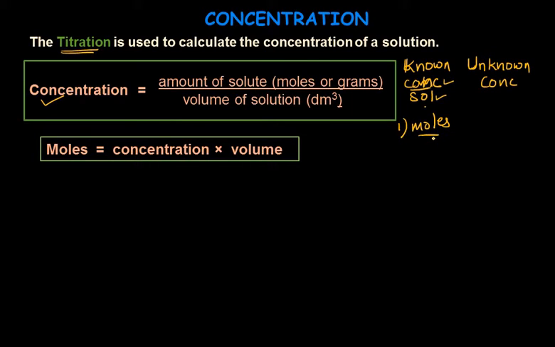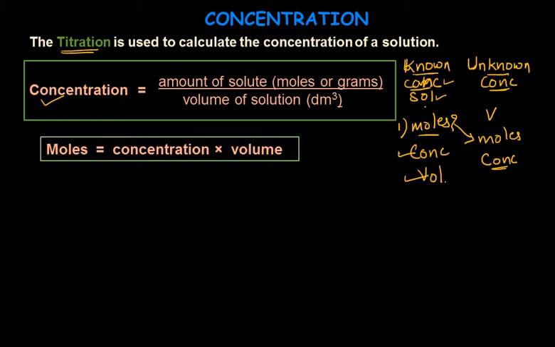Once the moles is calculated, if the volume of the solution of unknown concentration is given, then we can calculate its moles, and then we can calculate the concentration. But for the known concentration solution, we obviously should know the concentration, and along with that, we should know the volume of the solution used. If we know these two quantities, we can calculate moles, and from the moles, we can calculate the moles of the other solution, and then we can calculate the concentration.